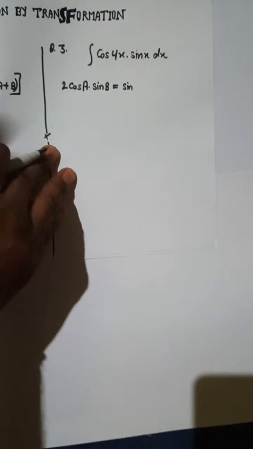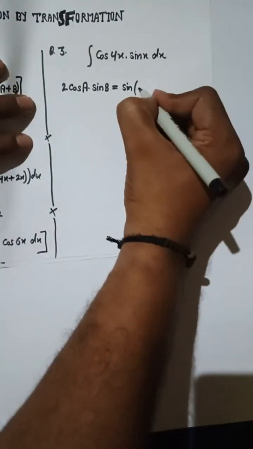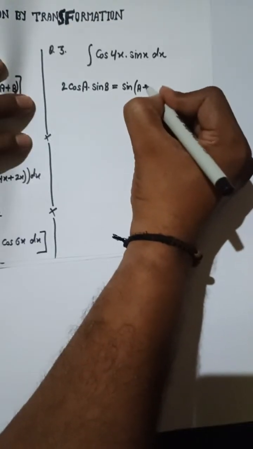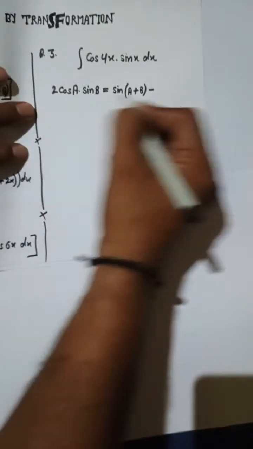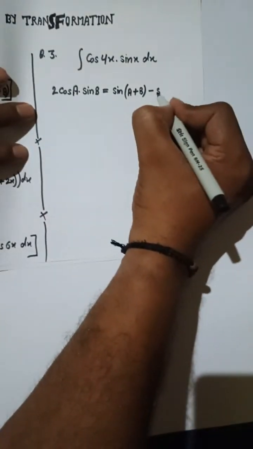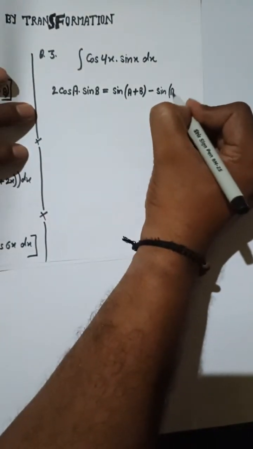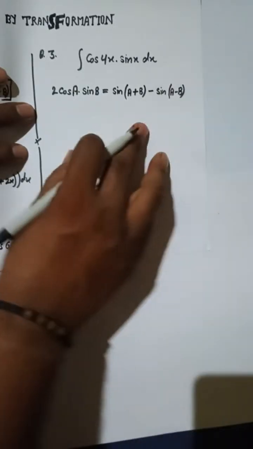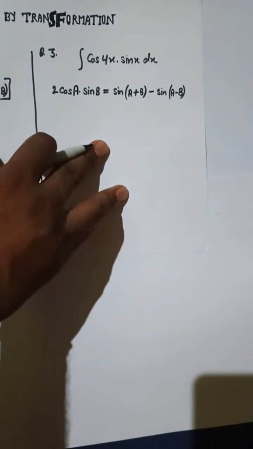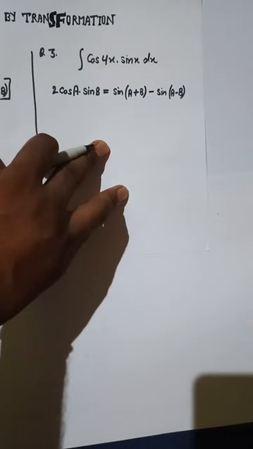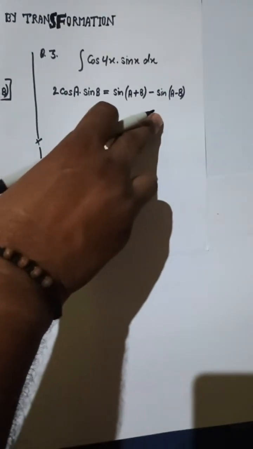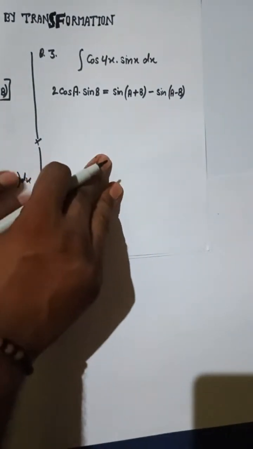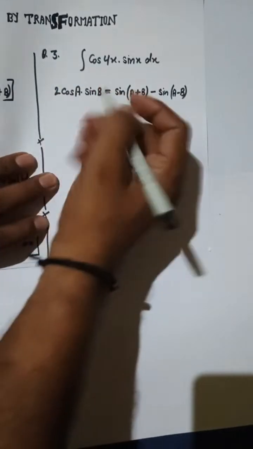Because cos is the initial term, 2 cos a sine b gives us sine a plus b minus sine a minus b. Okay, so let's use this formula to conquer this one.